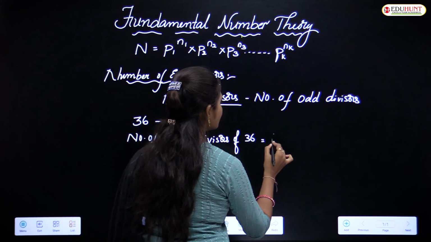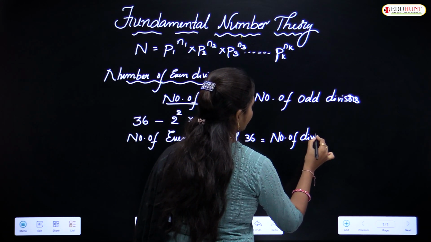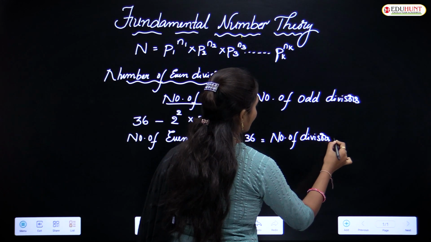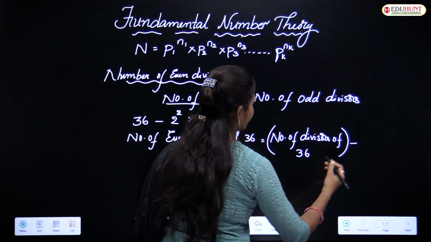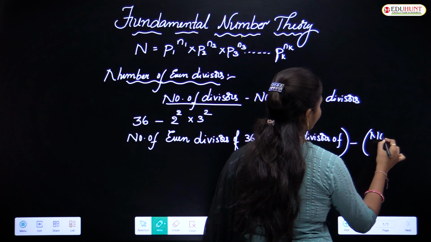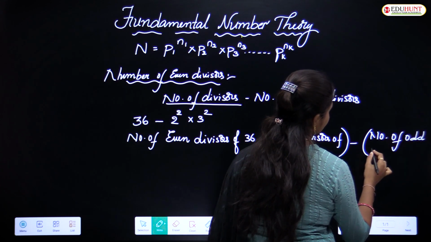Number of divisors of 36 minus number of odd divisors of 36.